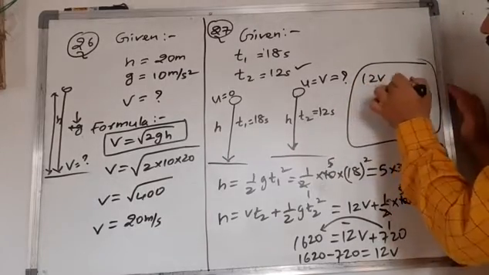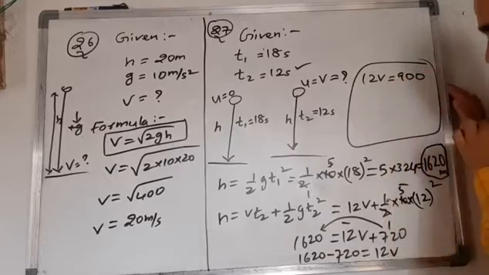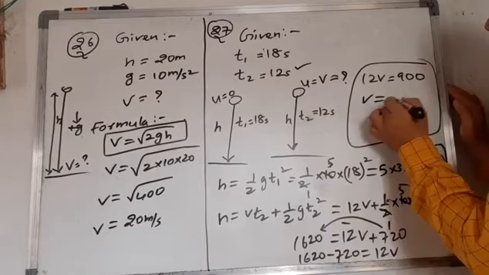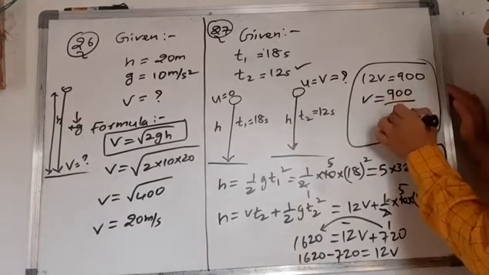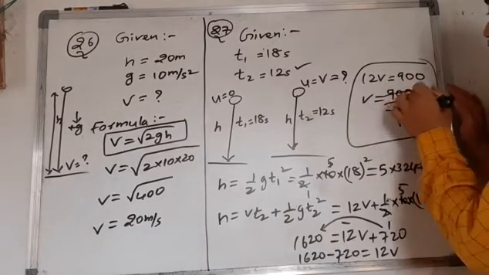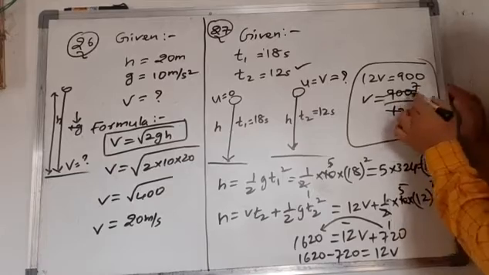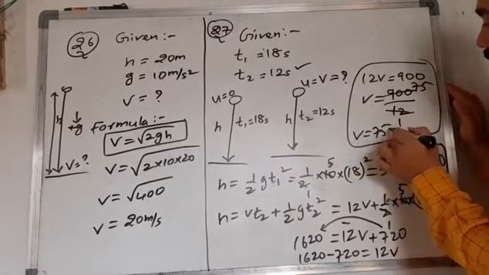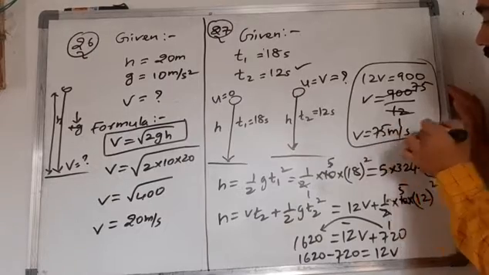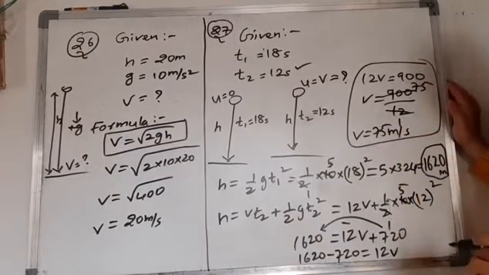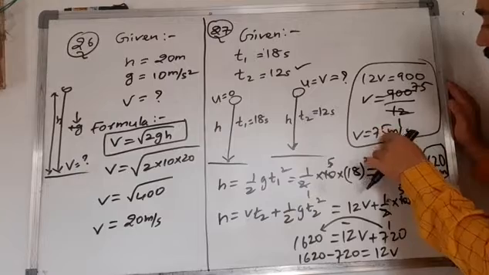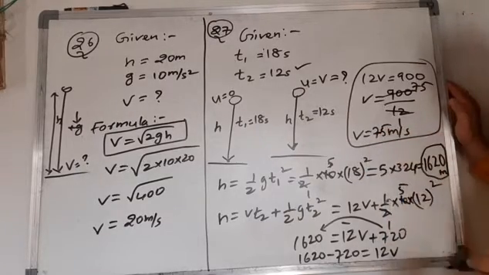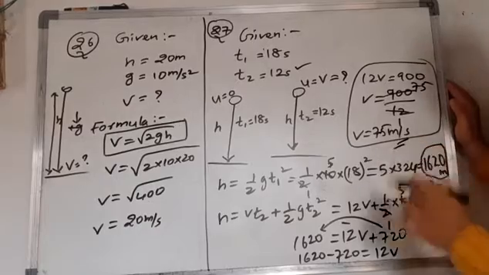So 12v is equal to 900. 1620 minus 720 is 900. So v is equal to 900 by 12. 12 7s are 84, again 12 5s are 60. So v is equal to 75 meter per second. This is the answer.